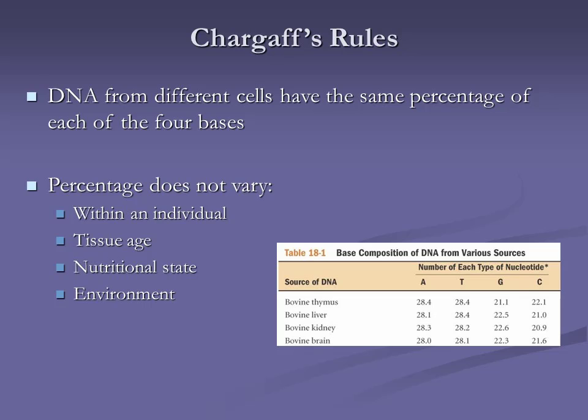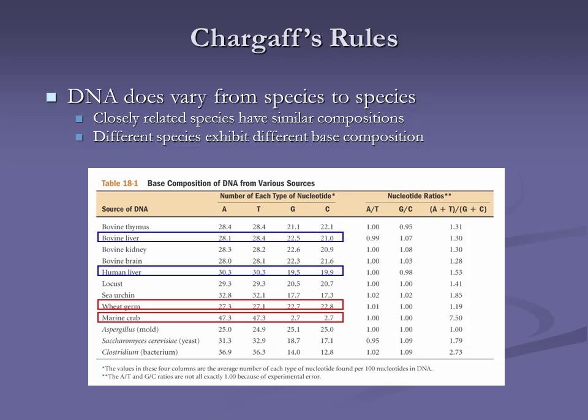When you look in a cow, there are 28% A's, 28% T's, 22% G's, and 22% C's, roughly. So Chargaff said that within a species the percentages are going to be fairly similar, and the A's and T's are going to be similar, and the G's and C's are going to be similar. We didn't understand the structure of DNA at the time.